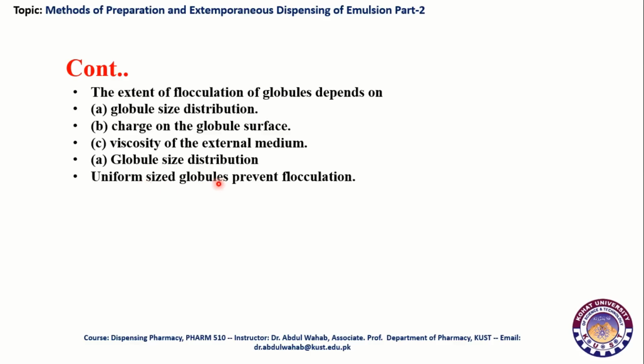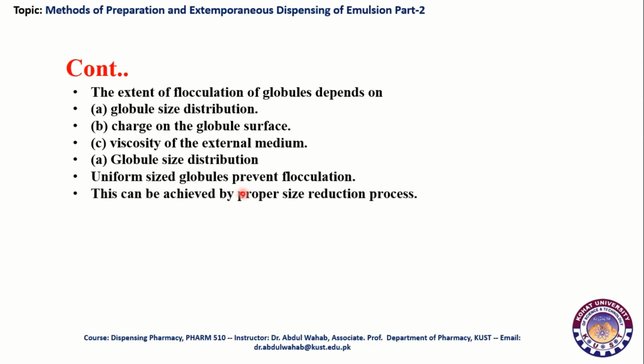Globule size distribution: uniform size globules prevent fluctuation. If the size of the globules is the same, uniform, then there will be no fluctuation. If we want to prevent fluctuation, the globule size must be uniform.